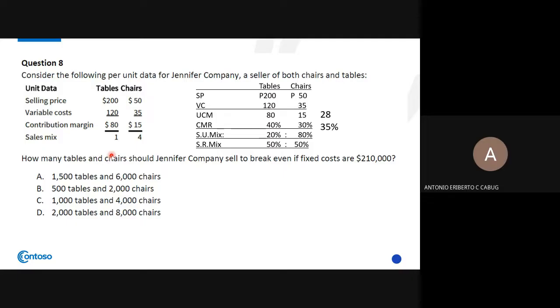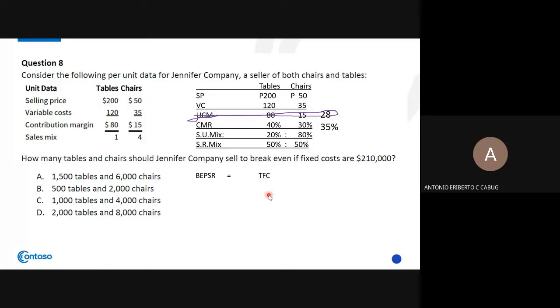Ano yung pwede natin gawin? Let's assume that this is not given. What can we do kung hindi binigay ang UCM data?